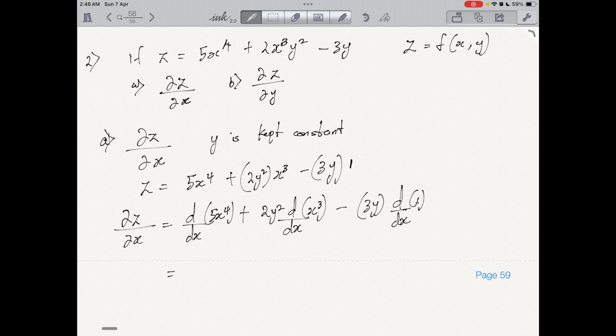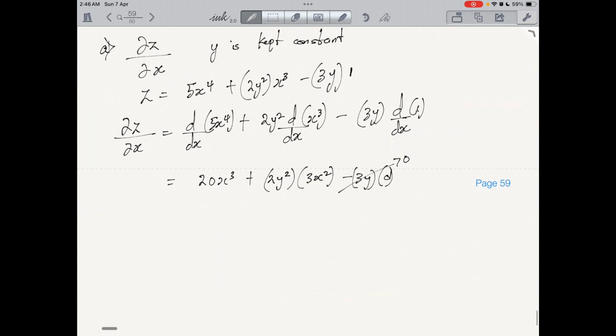So this will give us 20x raised to power 3 plus 2y squared multiplied by 3x squared minus 3y. Differentiation of a constant is 0. So our final answer is 20x cubed plus 6x squared y squared.